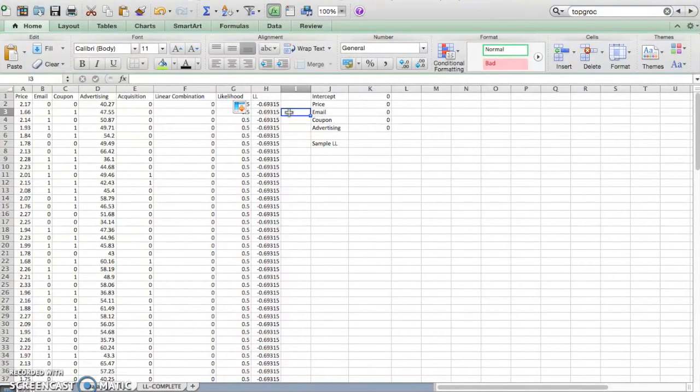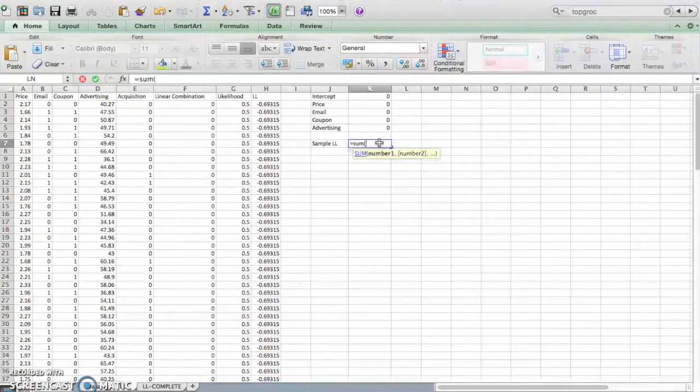Now our sample log likelihood will be the sum of all individual log likelihoods. So it will be the sum of H2 to H1.